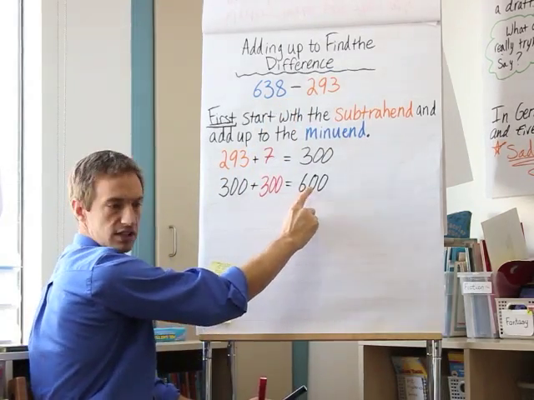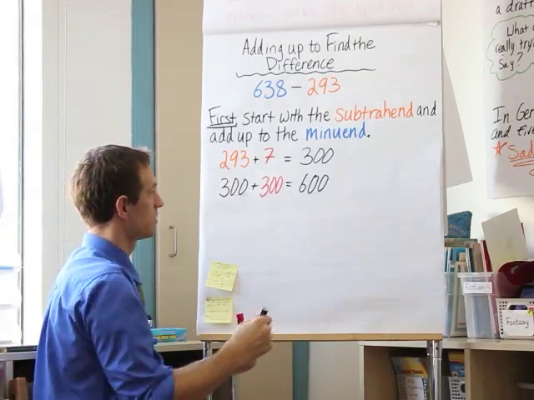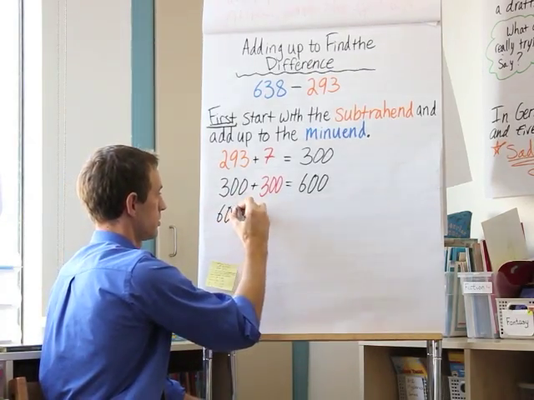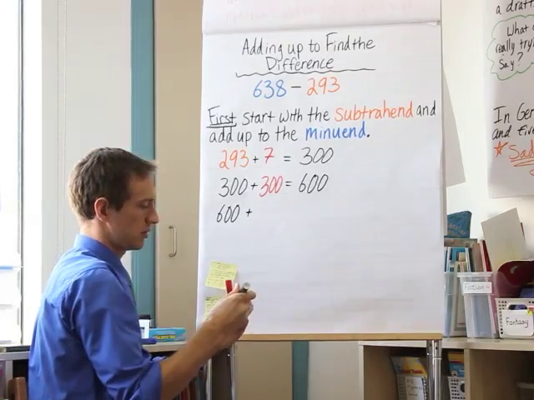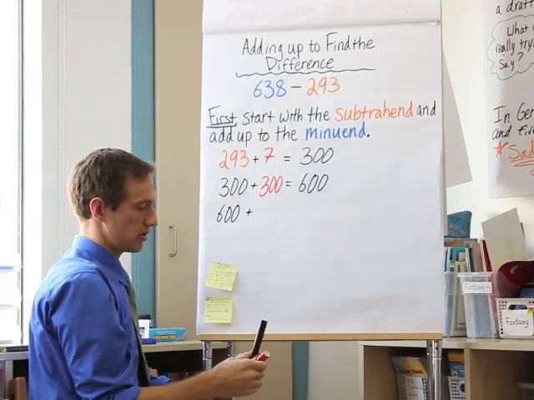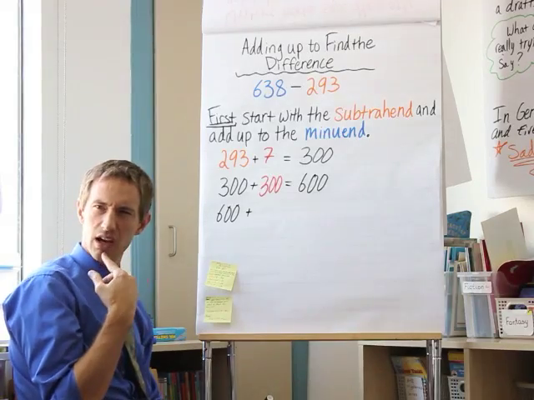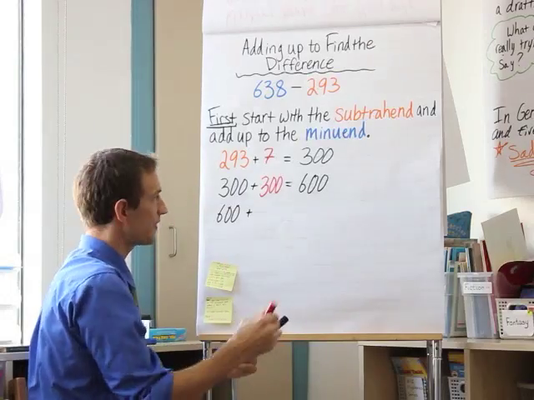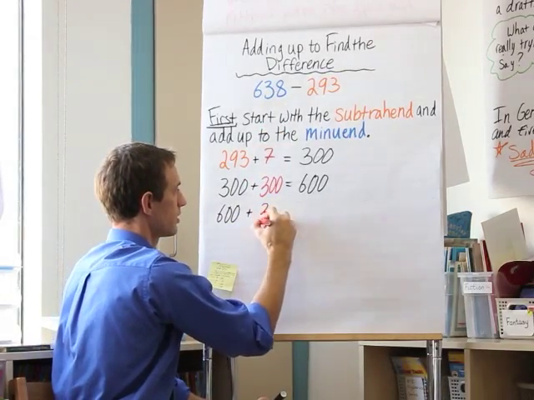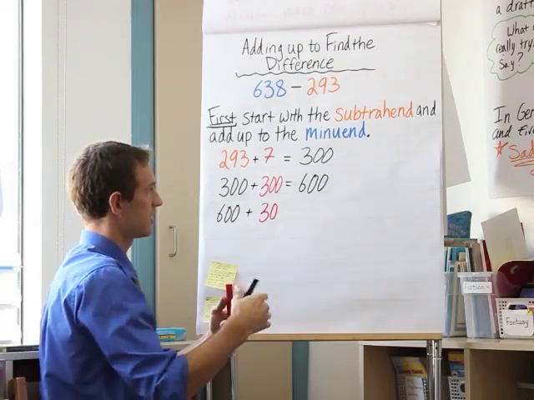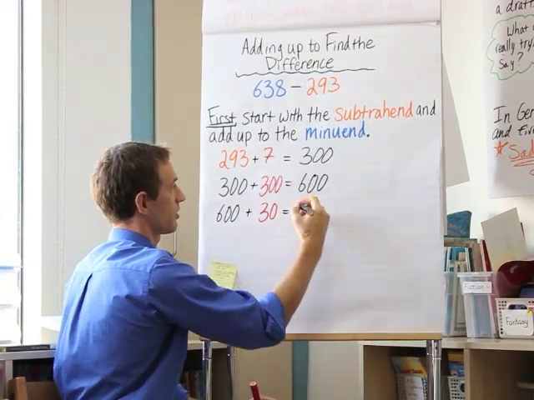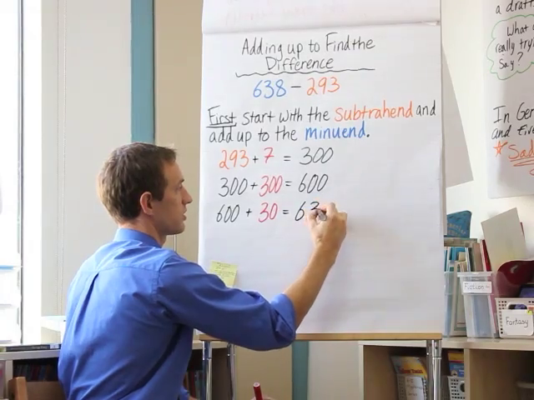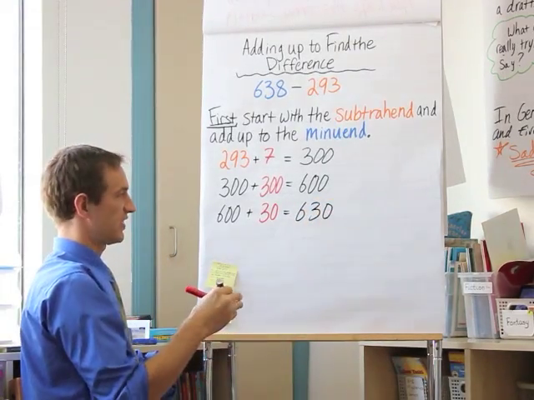Now I'm going to continue to add to 600 to get to 638. What can I add now? Well, I don't have any 10s here, so I'm going to add the 30. I'm going to add 30 to this to get really close to 638. 630 now.